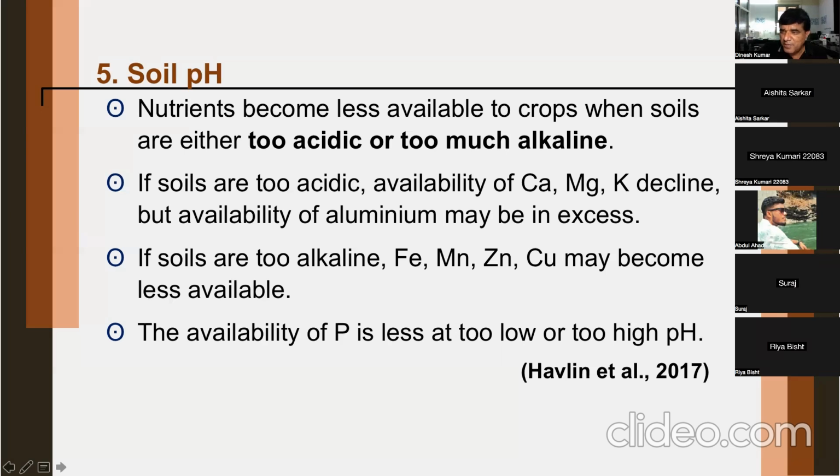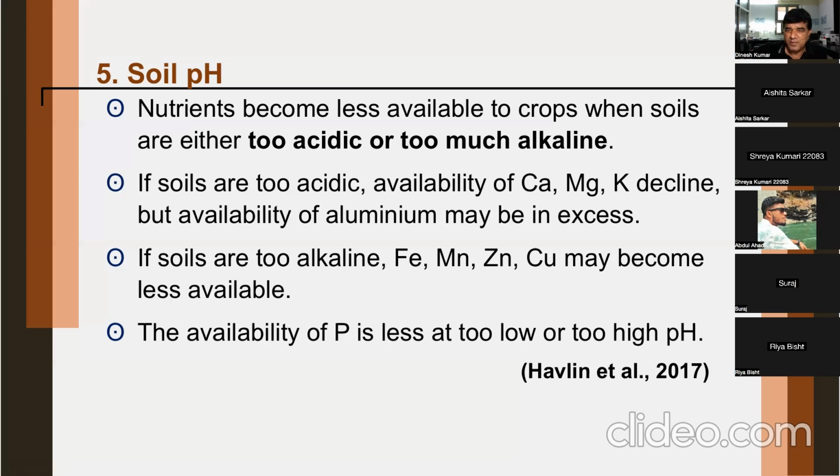Is there anybody from soil science? Ishita, you are from soil science? Hello? Yes, sir. Yeah, you are from soil science. So you tell me, at what pH is this boron most available?